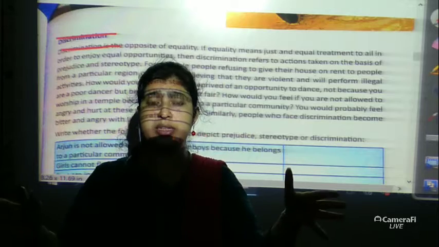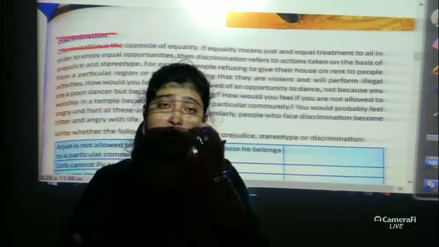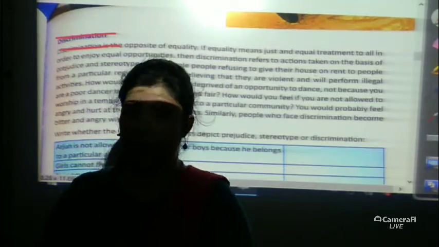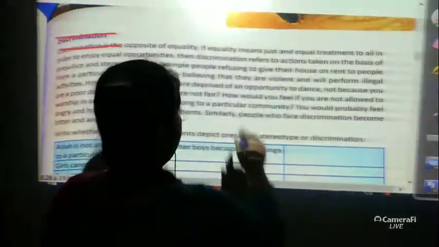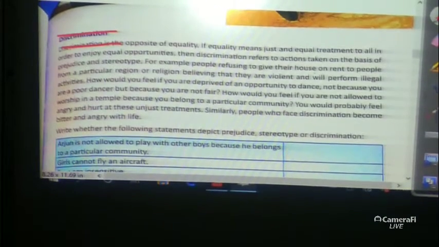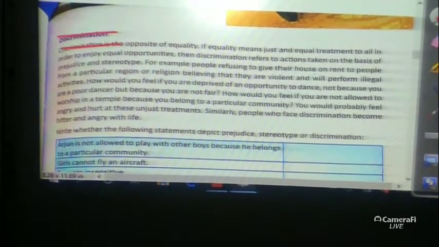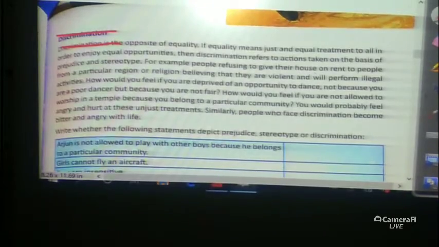Discrimination means you just release all of them from any ground, maybe the religious ground, maybe the language ground, whatever. So, detach. Discrimination means detach from each other, and equality means you have to bond with each other. If equality means equal treatment to all in order to enjoy equal opportunities, then discrimination refers to action taken on the basis of prejudice and stereotypes.